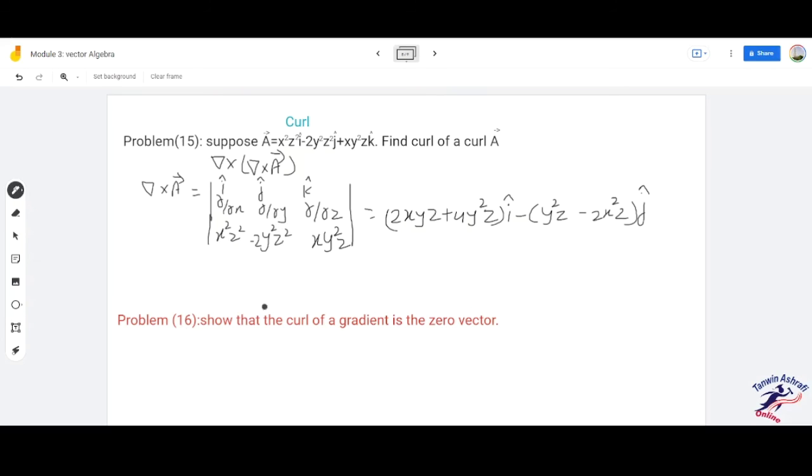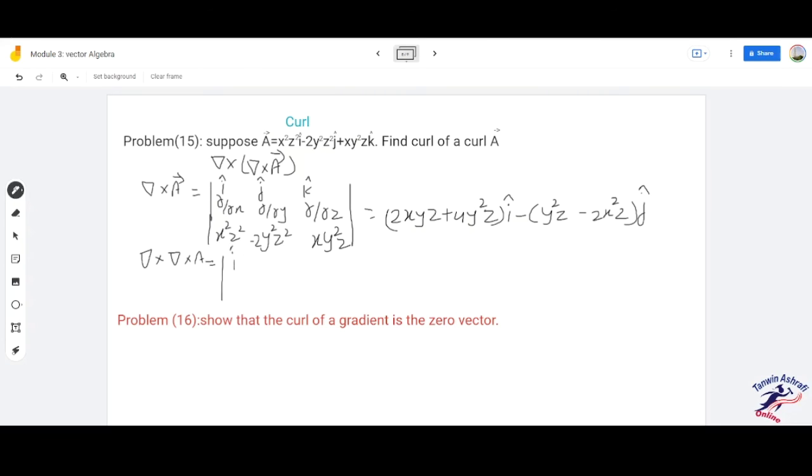Now if I want to find del cross of this, what will we need? We will need to put this expression in the determinant in the same way.